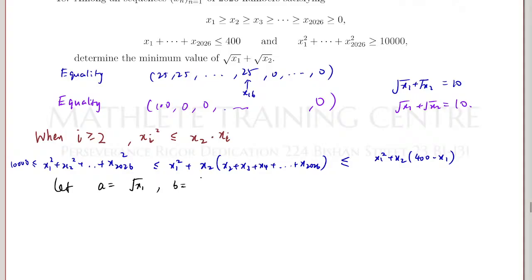We can let the variable b be the square root of x2. Okay. I want to discuss what happens if a plus b is less than 10. Then, firstly, this guy is going to be a squared, so that's a to the power 4. b squared is 400 minus a squared.